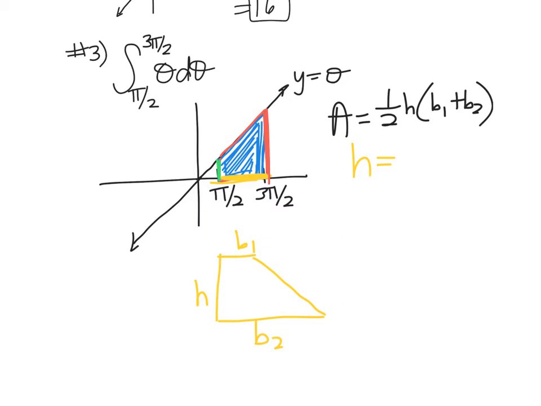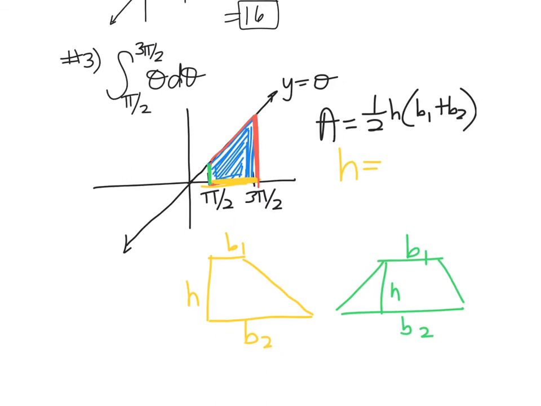Same thing, the height would be the perpendicular. This already gave us perpendicular. For a trapezoid, you're used to this shape, where you find the height right here, but it's missing that part.